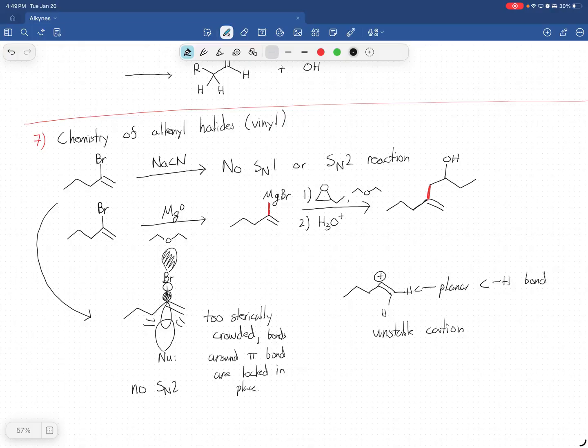Well, it is, but the p orbital is in the plane of the page, so it can't be stabilized by resonance. So an unstable cation here. When you have cations on sp2 hybridized or sp hybridized orbitals, they're not likely to be stable. They're very high in energy to form. Unstable cation, very high in energy.